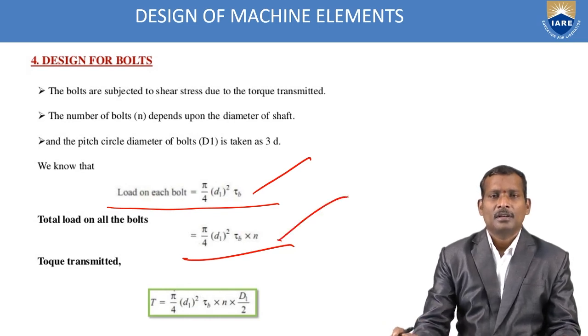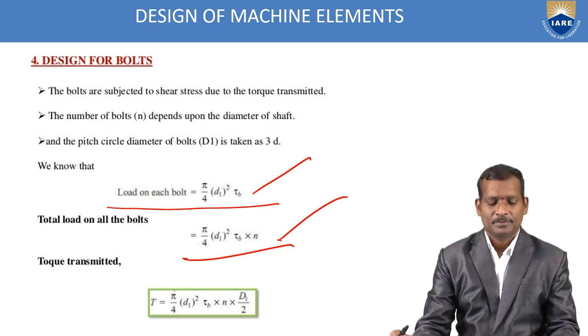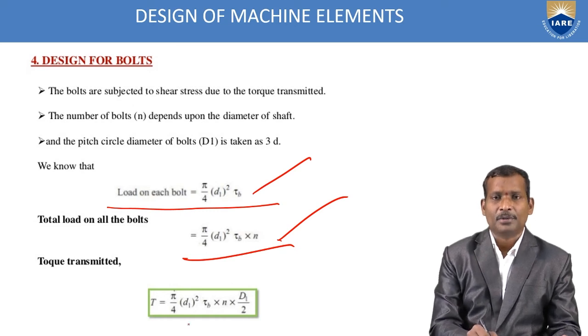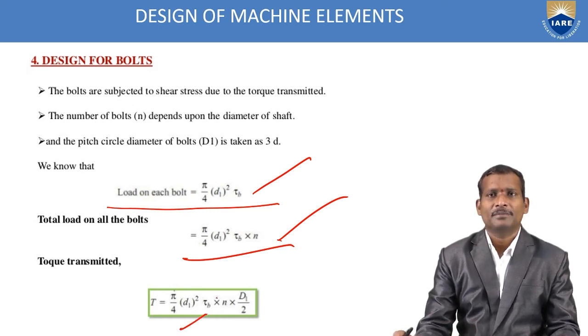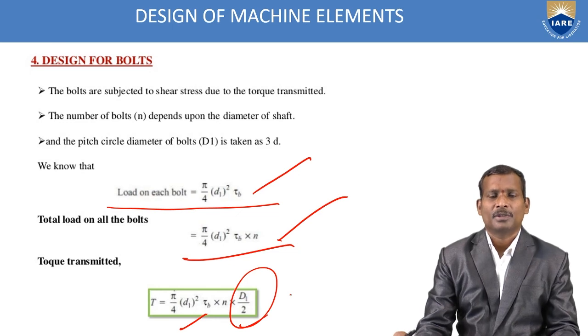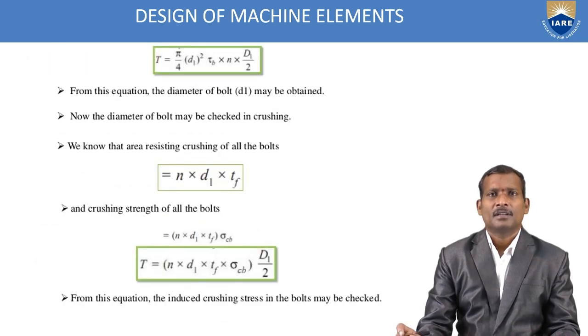So here is shown the equation: pi by 4 into D1 square into tau B into n. Now you can calculate the torque transmitted: the load multiplied with the radius distance, D1 by 2. You will get the torque. See, the final torque equation shown in this slide: T is equal to pi by 4 into D1 square into tau B into n into D1 by 2.